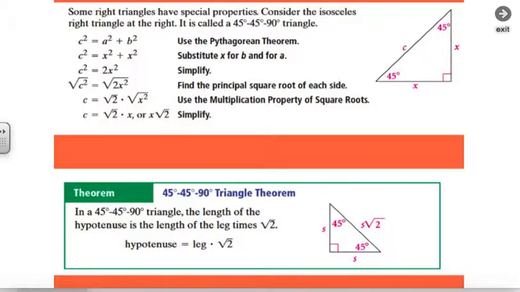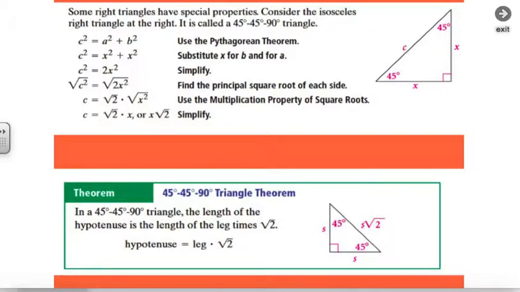So a 45, 45 triangle means that we'll have an isosceles triangle, and with an isosceles triangle we know that two sides have to be the same length. And so when we apply that principle, we have our 45, 45, 90, and we have the two sides which are going to equal x, and we know that it's a right triangle, so we can apply the Pythagorean theorem.